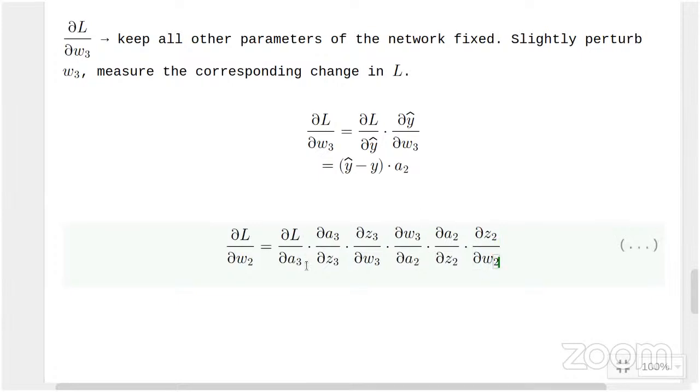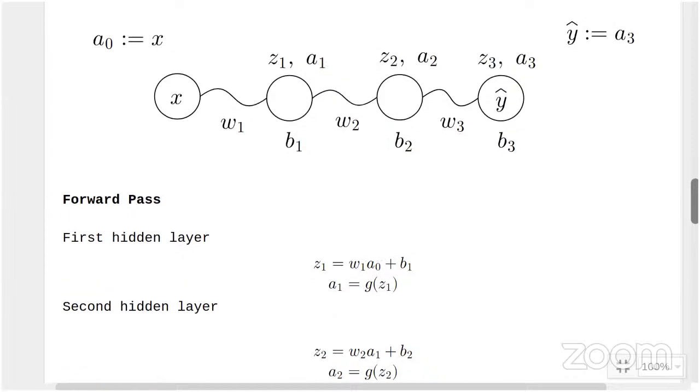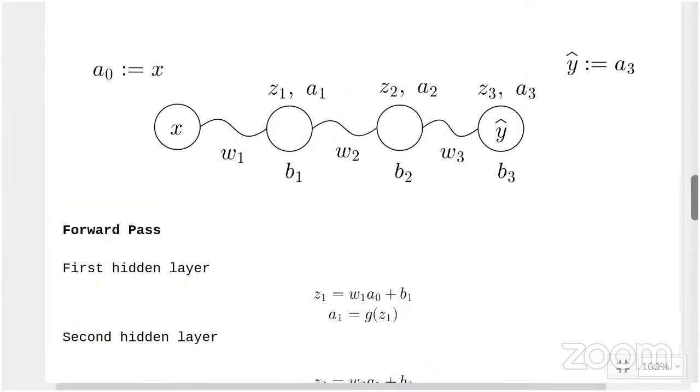Okay, let's just see this one. L with respect to A3, Z3, Z3 depends on W3. One second, so what is this? Change in A2 will change W3, right? Change in A2 will change W3.